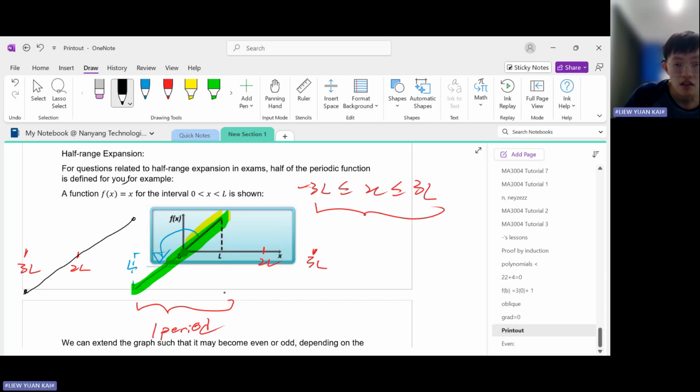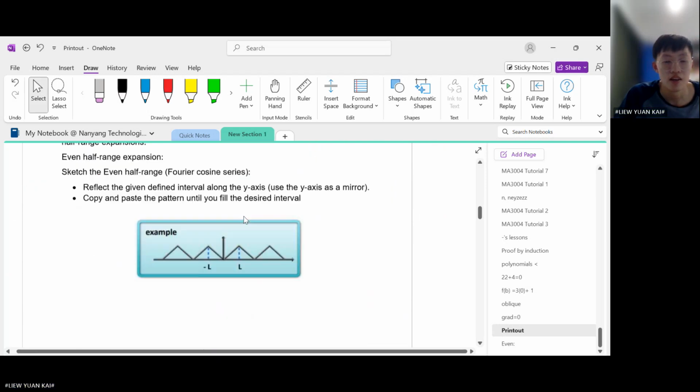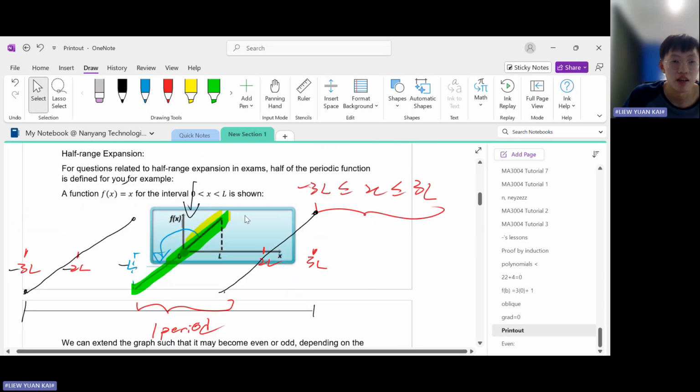Now 3L until negative 3L has been totally filled by copy pasting one period over the entire interval. And that's an example of how you do the half range odd expansion.